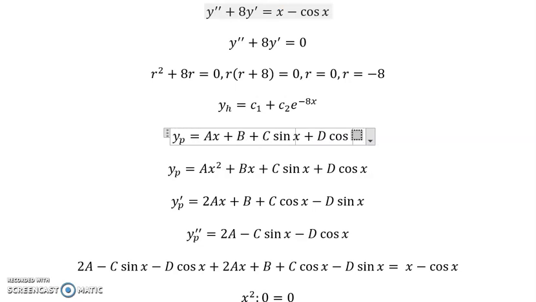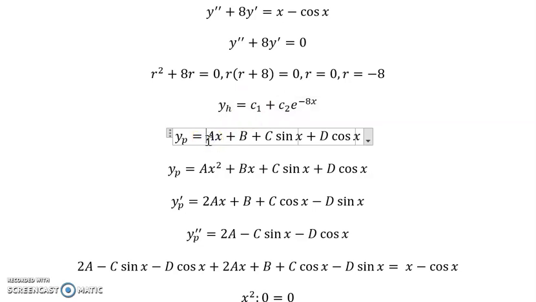Because for the trig functions, of course, you need to take both sine and cosine. But this is not going to work. The reason is that this b right here is one of the homogeneous solutions, and so I can't keep it.